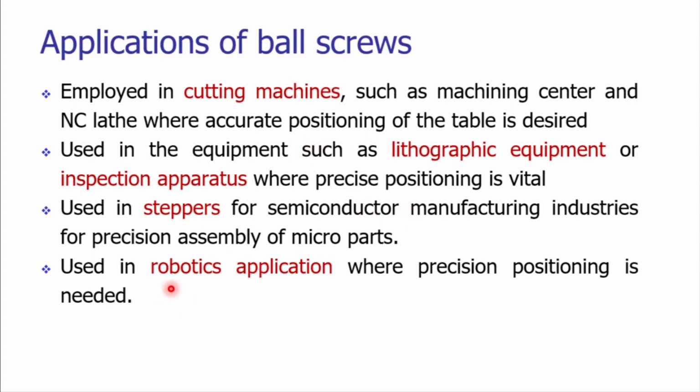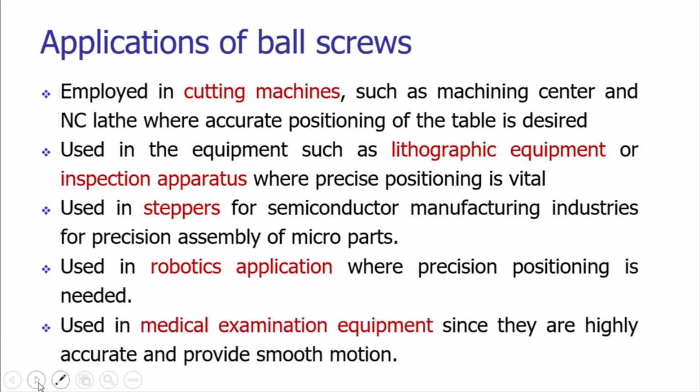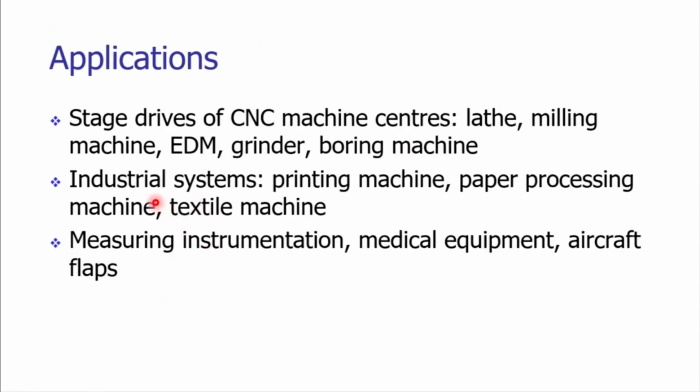The ball screws are also utilized in robotics applications, where we need precision positioning of the work parts or the elements of the robots. Medical examination equipment, where we need very precise positional accuracy, also uses ball screws. In addition, the ball screws are utilized for printing machines, paper processing machines, and textile machines.